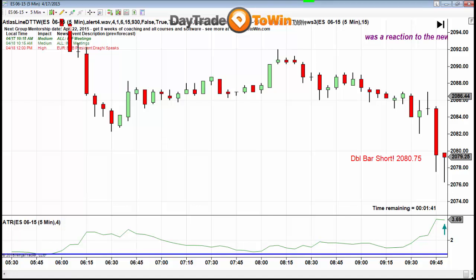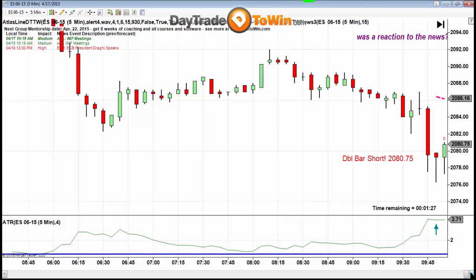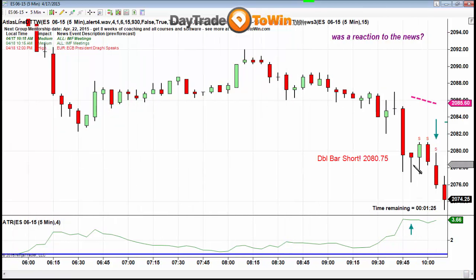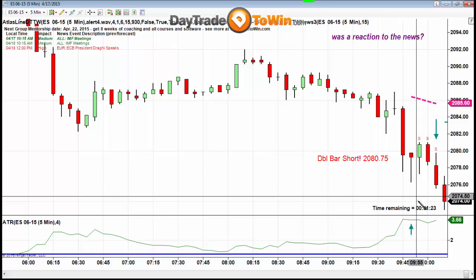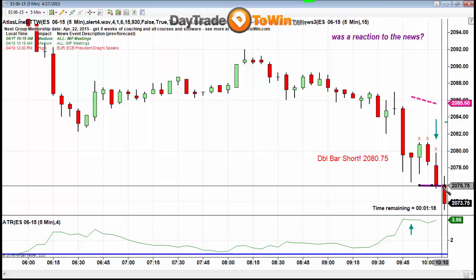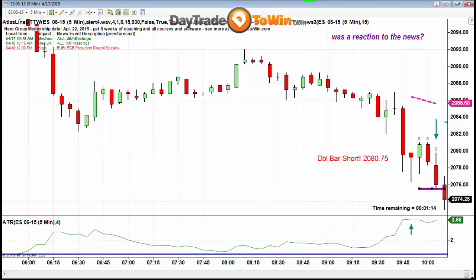Believe it or not, many traders don't think of this. They think of, I always want to take a point, or I always want to take 2 points, or 5 points, or whatever, and it's relative. The market being at 3.5 points dictates that I can expect the market to move 3.5 points. So 2080.75, 2076 would be roughly 3.5 points down here. So you can see that the expectation was met.